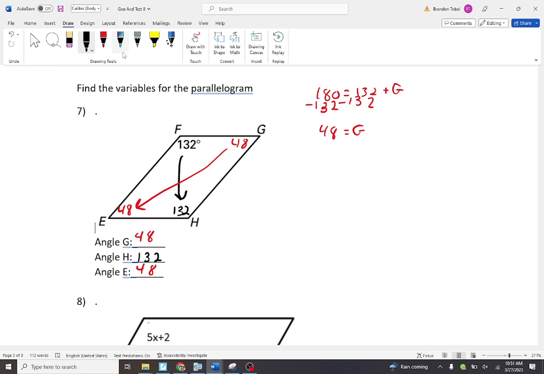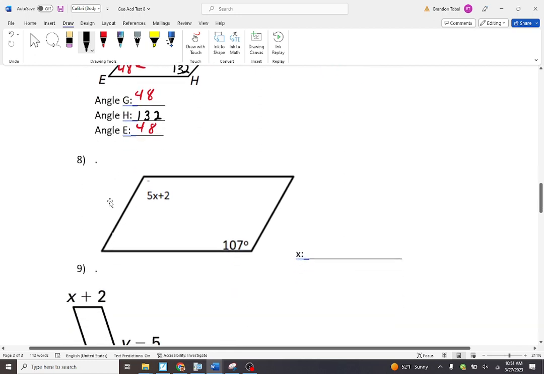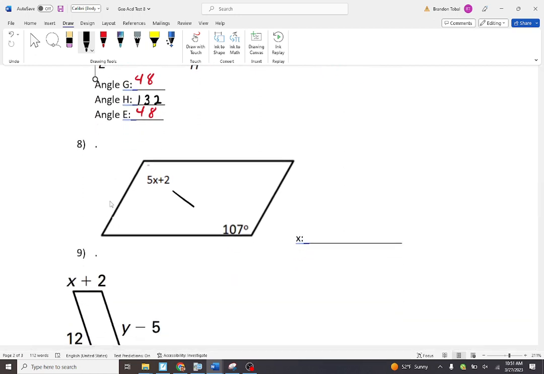Is the 5x plus 2 also 107? Okay. So the next one, these are angles diagonal to each other. Diagonal angles are equal. So 5x plus 2 equals 107. That means I'm going to subtract 2 on both sides. 5x equals 105.